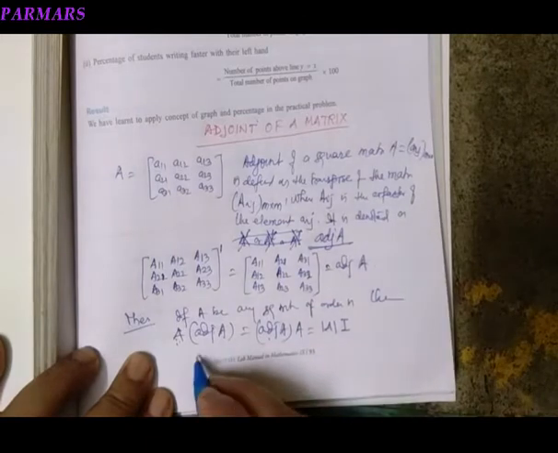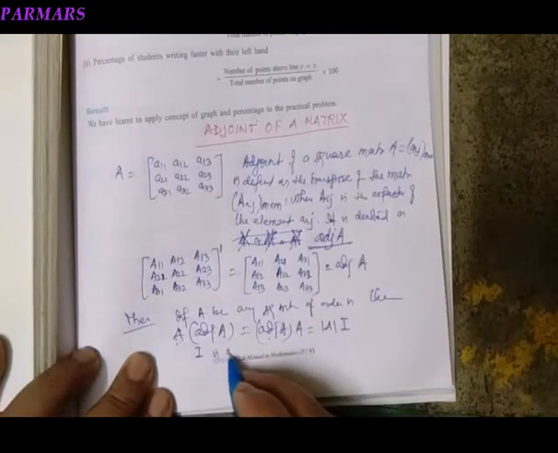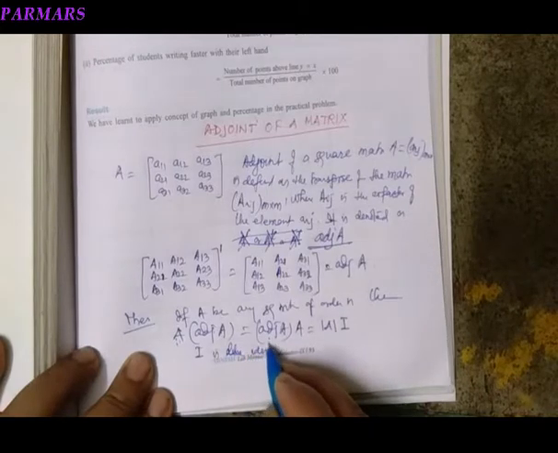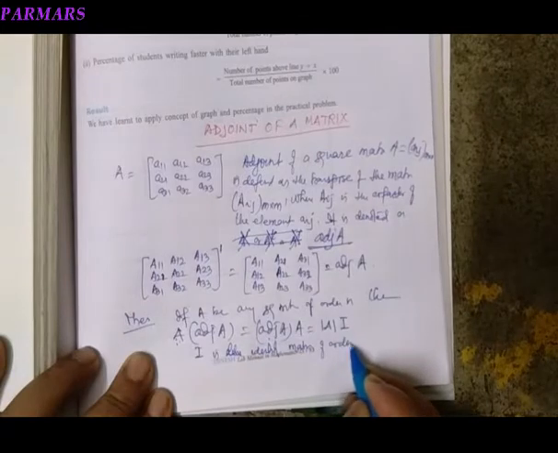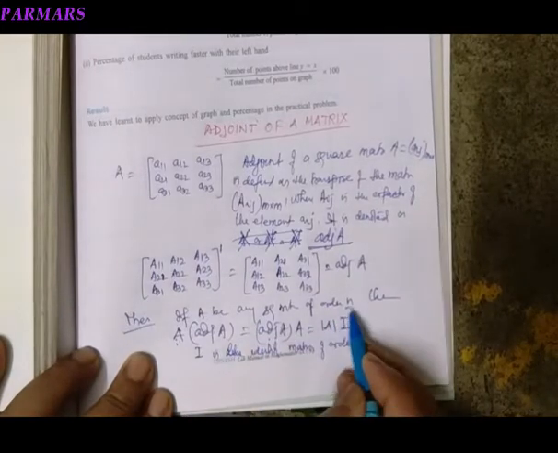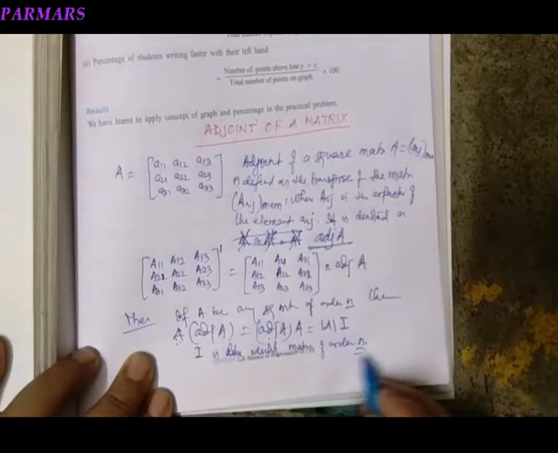Here I is the identity matrix of order, क्या लिया था हमने? n, तो ऑर्डर n का.